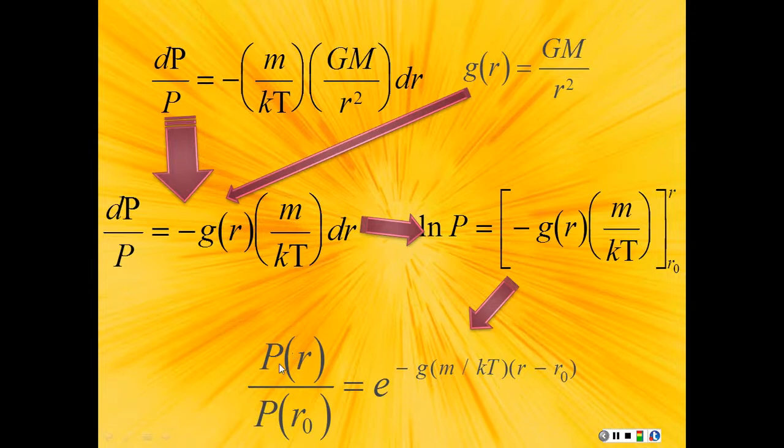And so now the pressure at some radius r compared to some r0 for the Sun, that would be the center, but for the atmosphere that might be the surface, is given by the exponential of GM over kT, r over r squared. So you get an exponential increase as you go down into the Sun, or an exponential decrease as you come from the center outwards.